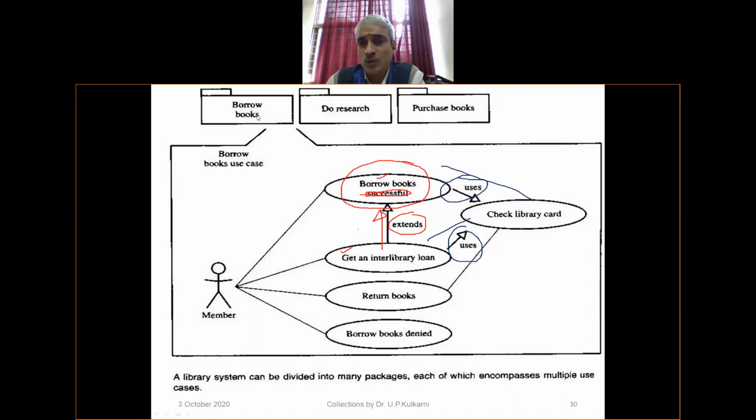I could have put check library card inside get interlibrary loan, and I could have included that in borrow books itself, but that doesn't sound good. You need to segregate all these things and see that they're all cohesive. Check library card is an independent thing. It can be used in either get an interlibrary loan or borrow the books. In that way, we need to understand this.